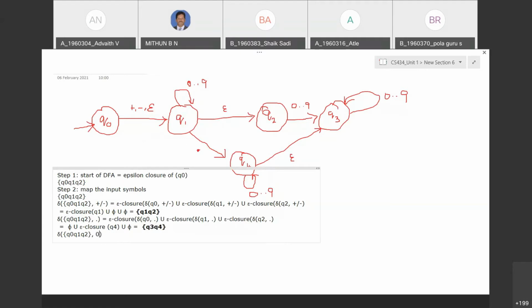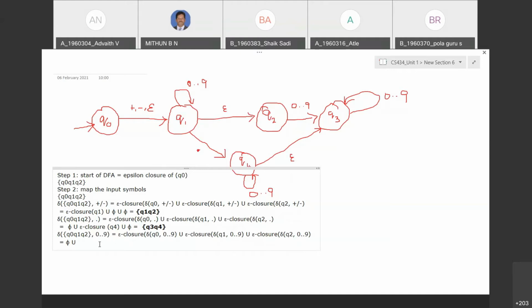Next symbol is 0 to 9. We take them together. What is Q0 with 0 to 9, Q1 with 0 to 9 and Q2 with 0 to 9? Q0 with 0 to 9 is null, union Q1 with 0 to 9 is Q1 itself, and Q2 with 0 to 9 is Q3.